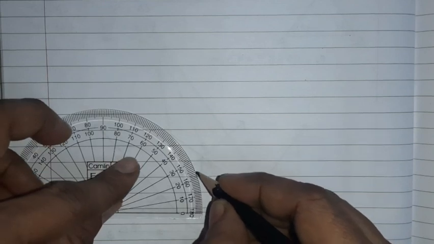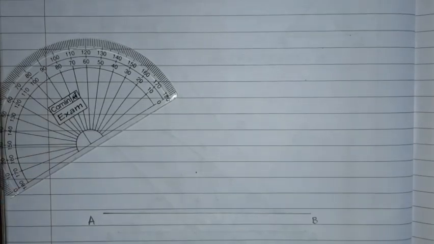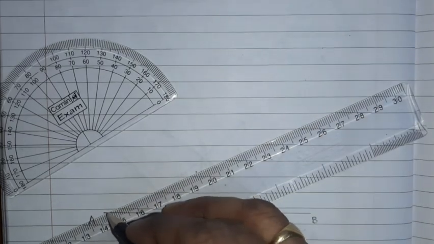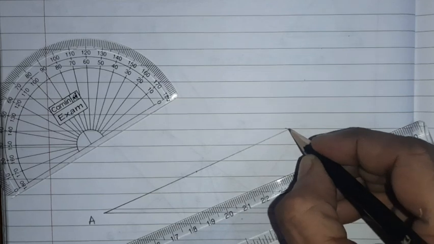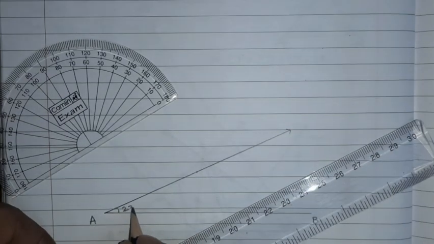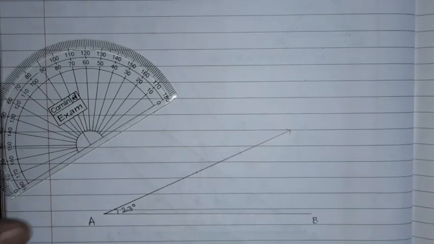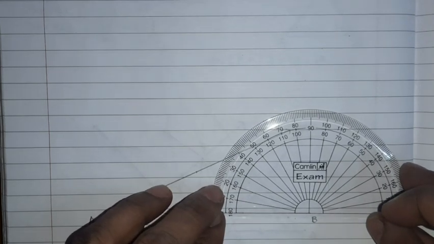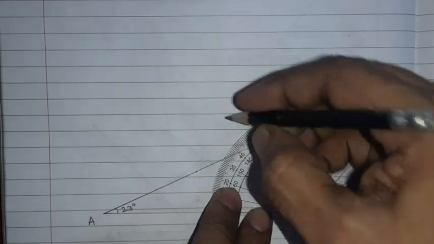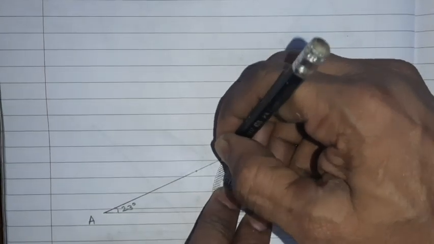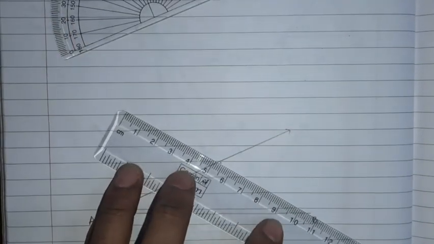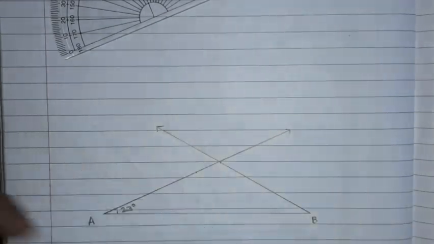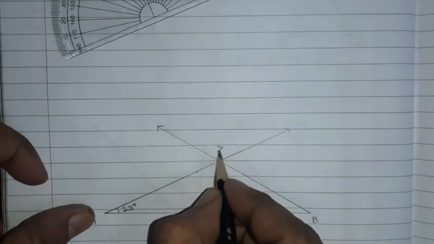This is the angle of 23 degree. At the point B we have to take the angle of 29. And dear student, this is our point Z.